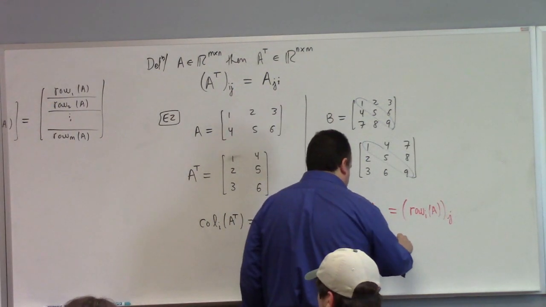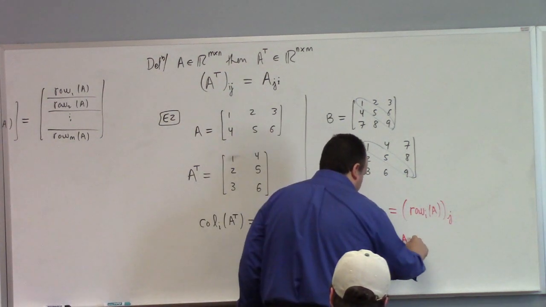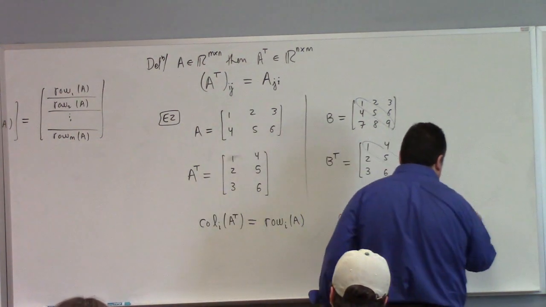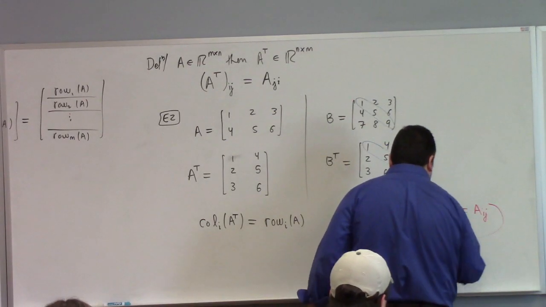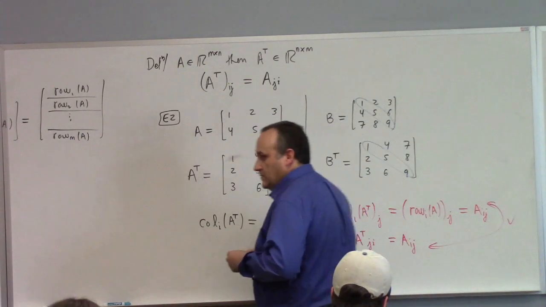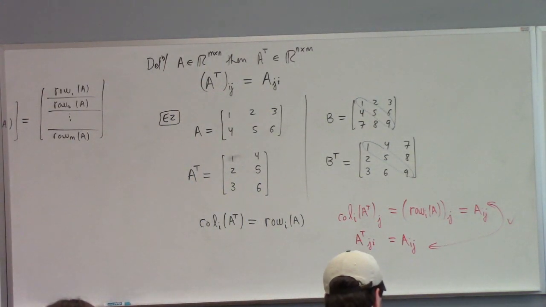And on the other hand, that by definition of transpose is A_ij. But this, of course, is also A_ij. So as you can see, woohoo! It's not an accident. We can show that it's not a quirk of my particular example. This is just generally true.